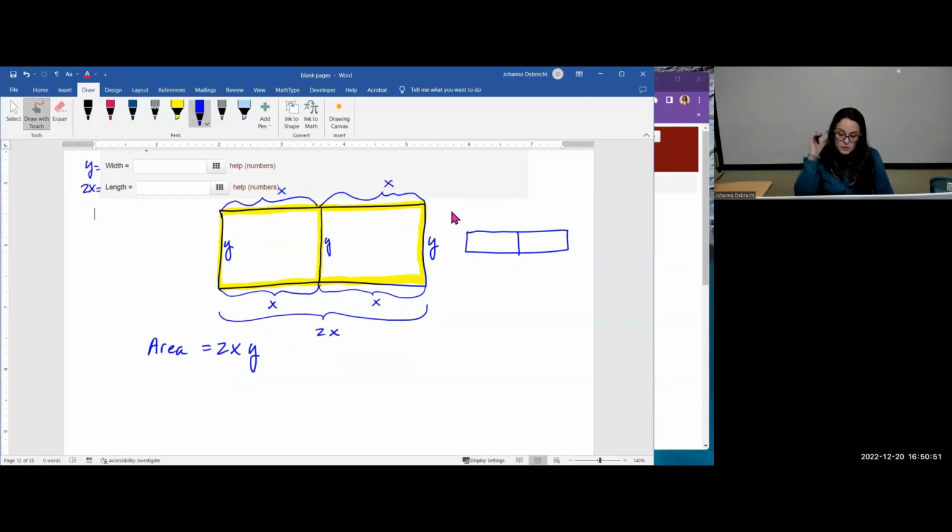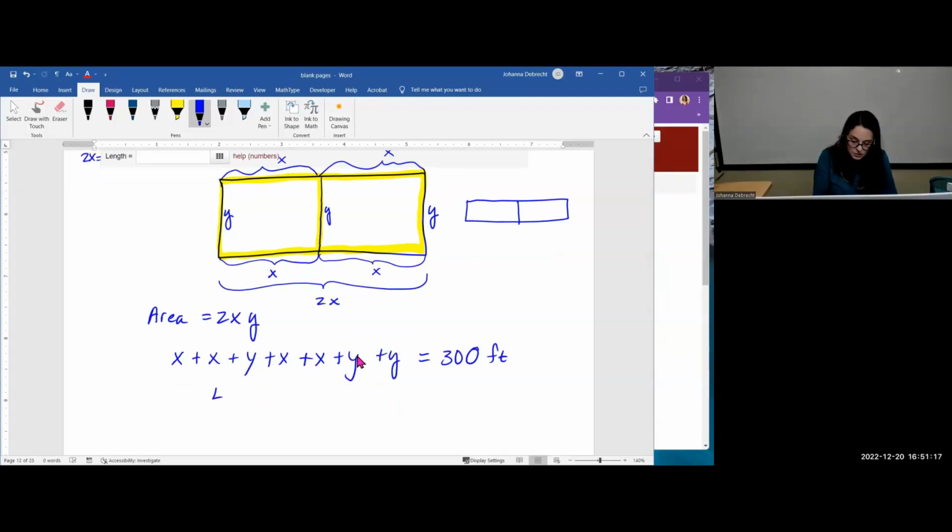Let's do that. We'll start up here in the upper left. So I have x plus another x plus a y plus an x plus another x plus a y, and don't forget about the y in the middle, plus another y has to be 300 feet of fencing. That's 1, 2, 3, 4 x's and 3 y's. Yeah, that matches my picture. 4x plus 3y equals 300.